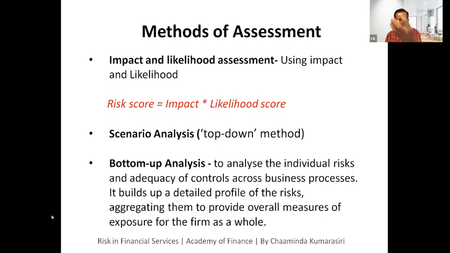Bottom-up is you start from the low end. You identify individual risks and then see how these risks go up the ladder. Whether there are other risks that are similar to this one, you pull them. Likewise, you keep on adding the risks up to the organization from the bottom to the upper level.